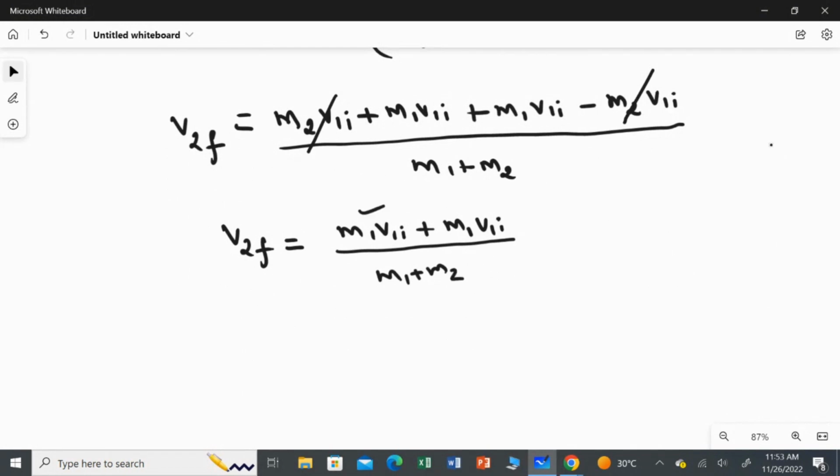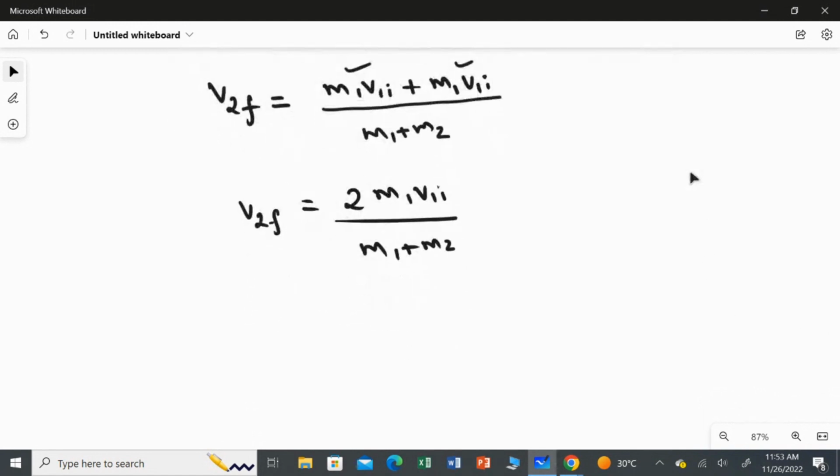Now you can see m1 V1 initial plus m1 V1 initial is equal to 2 times m1 V1 initial, right, divided by m1 plus m2. So the left hand side is V2 final, right? Actually this is our final answer, right? But anyhow I can modify the equation in the similar way to what I showed initially, am I right?